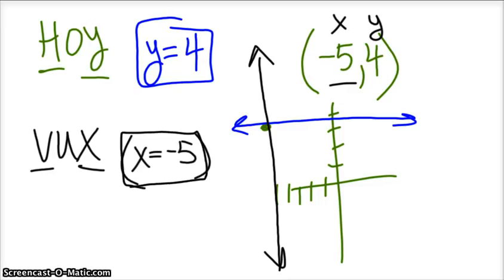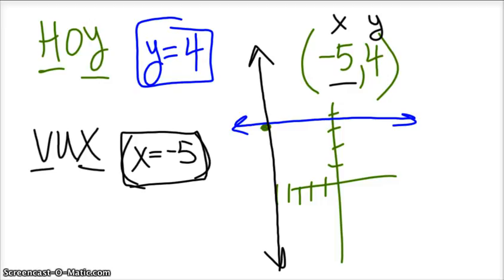All x's equal -5. So that is your final answer to your vertical question on this one. You must have the letters x and y. You must have the equal signs. Okay? HOY is a horizontal line where y is always 4. BOX is a vertical line in this case where x is always equal to -5.